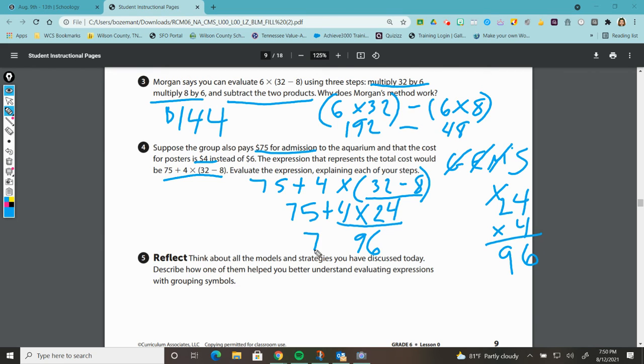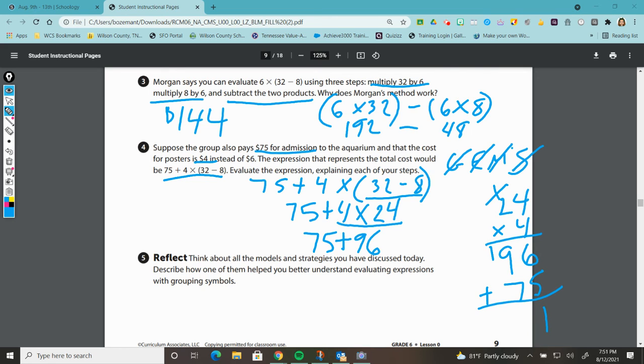Then we bring down the other parts of the expression, and we do subtraction or addition. In this case, we are adding, so we want to add 75 to 96. 6 plus 5 is 11. 1 goes in the ones place, and then we bring a 1 over to our tens place.